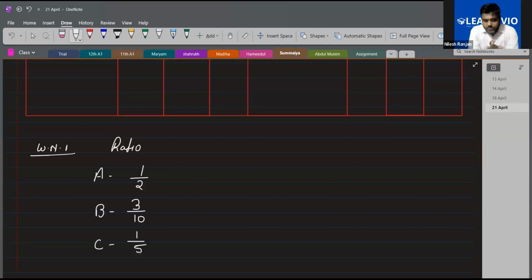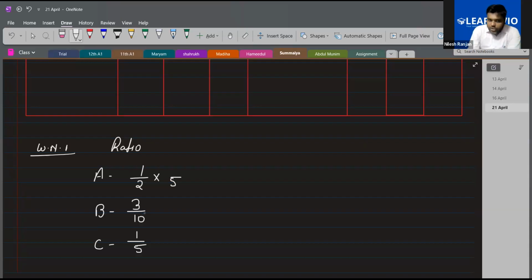Otherwise, it is not possible. So, can we convert 2 into 10? Yes, by multiplying it with 5, we can convert it into 10. By multiplying this 2 with 5, we can get 10 as denominator. Yes, we match the denominators.